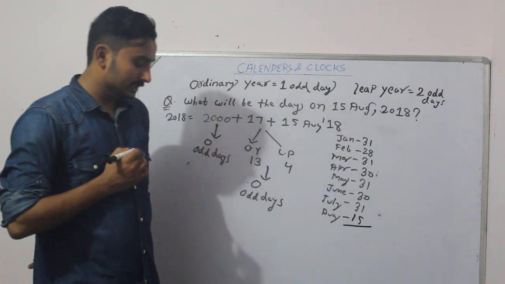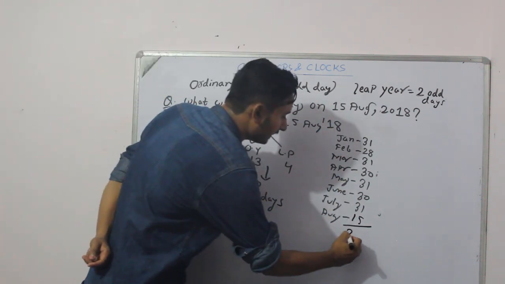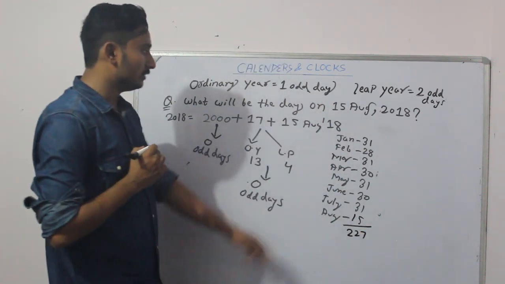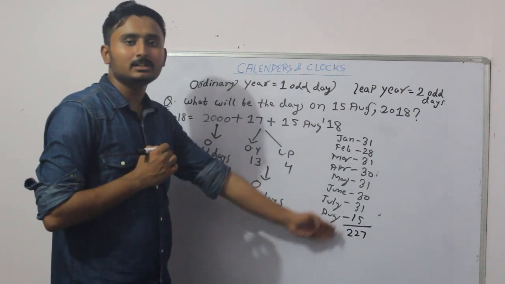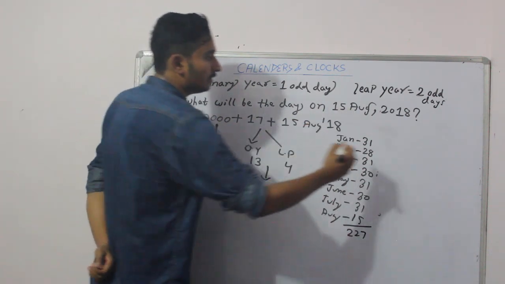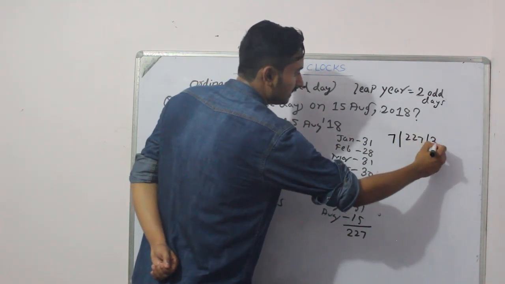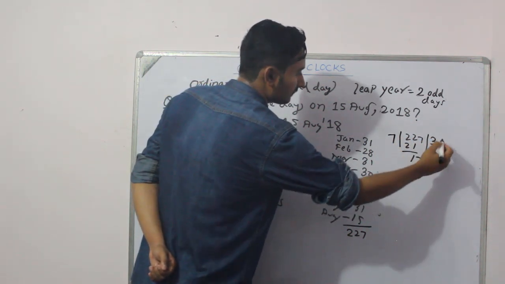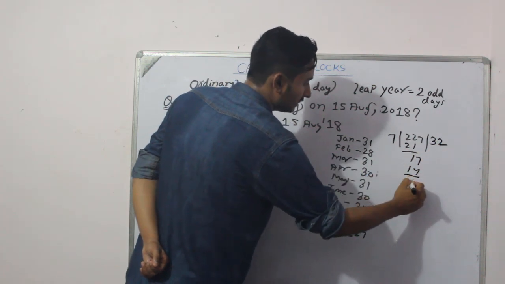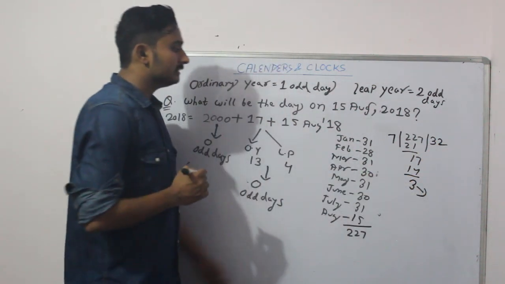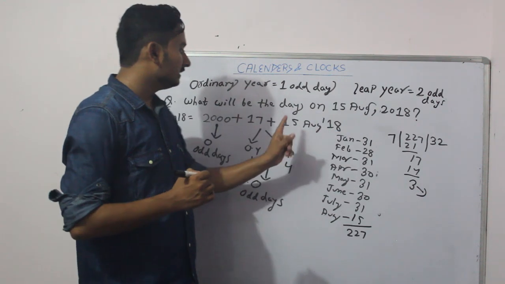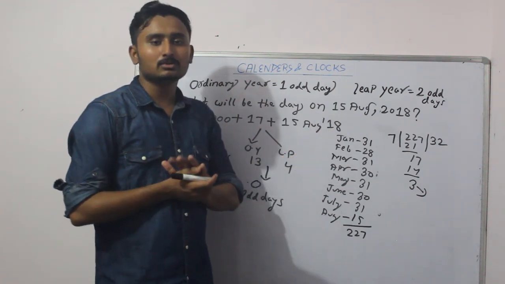So in total we get 227 days. When we divide 227 by 7, the remainder is 3. So we have 3 odd days till 15th August 2018.